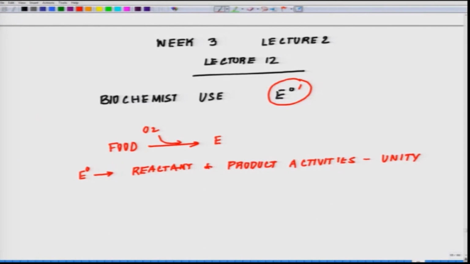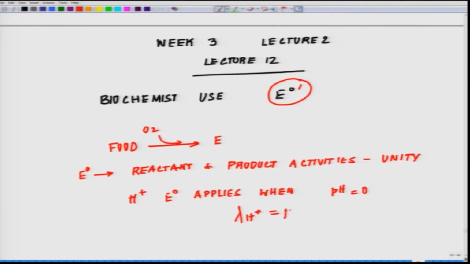and if H plus is involved in the reaction, E0 applies when pH is equal to 0, or in other words a H plus equals 1.